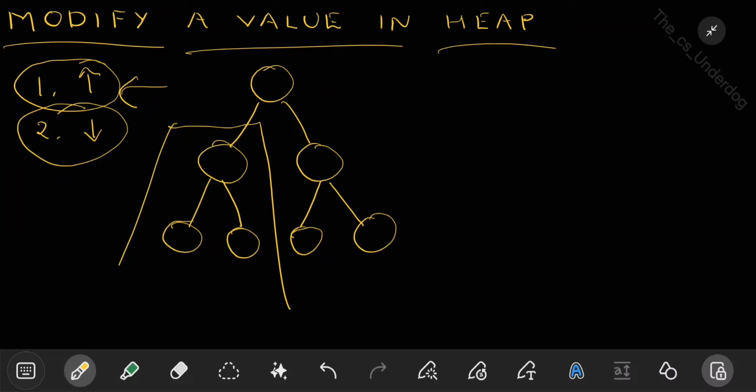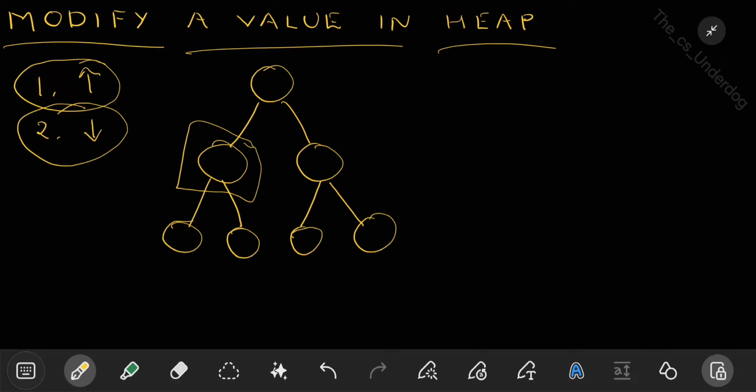After your modification, you increase the value even further, which means parent is still surely larger than the children. So this subtree is already following heap property. This means that if there is any violation of the heap property because of this node, that violation should be in the path from this node till the root.